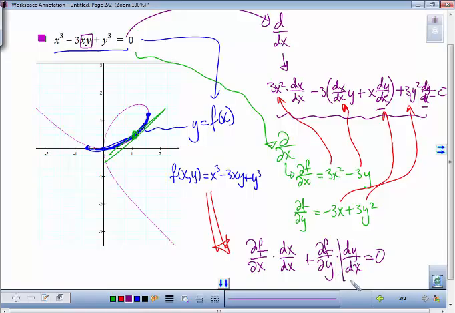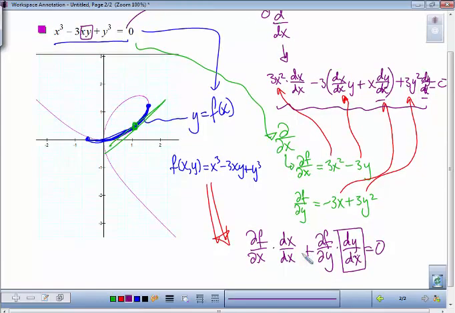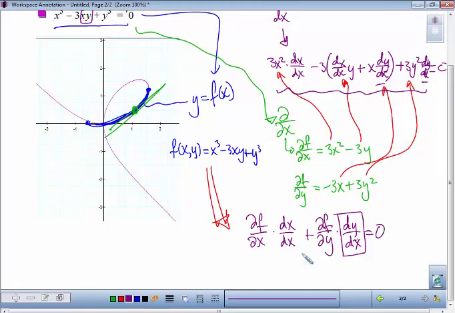And then if we're interested in solving for dy dx, we can just use this formula to solve for dy dx. So dy dx is equal to, let's see, oh, dx dx is equal to 1. We could have replaced it with 1 in these previous examples that we've done.